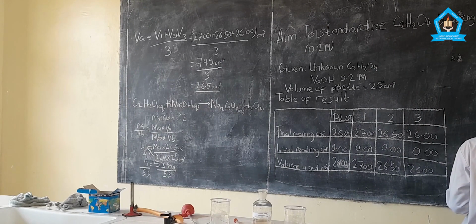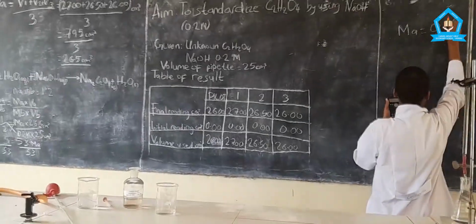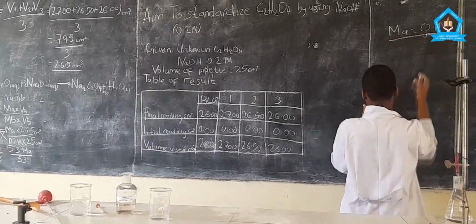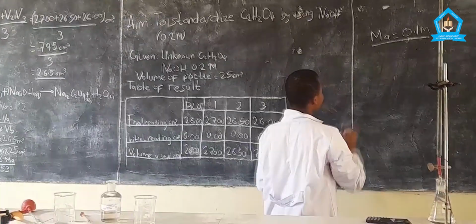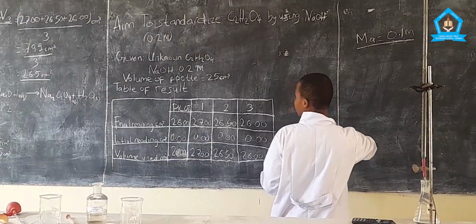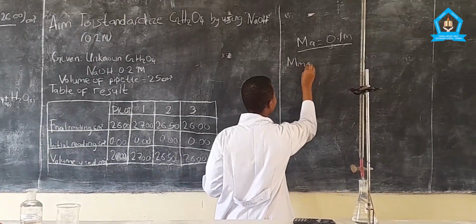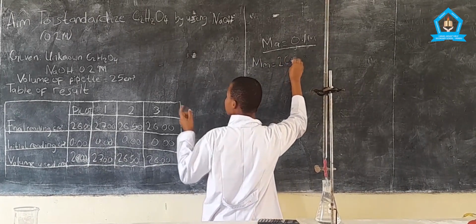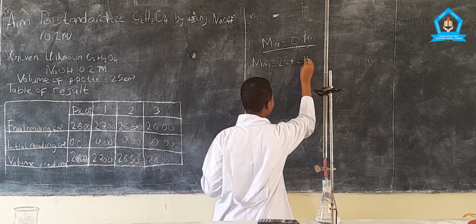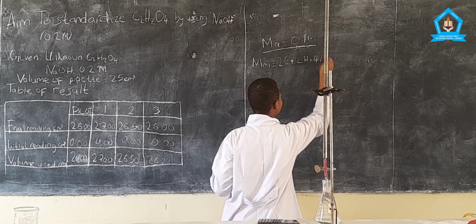The molarity of acid obtained will be 0.1 M. From there, we have to find the molar mass of oxalic acid, which is 2C plus 2H plus 4 oxygen.